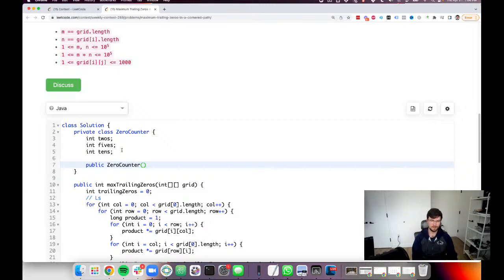It doesn't actually need to do anything in there because those will automatically get initialized to 0.